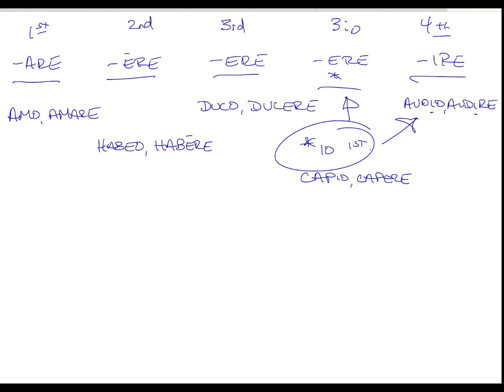So what I would suggest you do, no surprise, is continue on with your sheet. If you have done them, you have a piece of paper that you've labeled first conjugation, and you know all the words like amare, laudare. You put down all four principal parts.